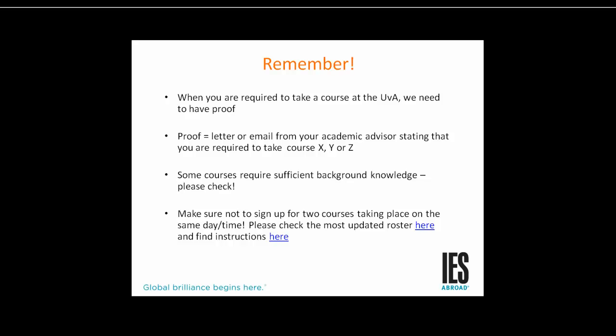Please make sure that you fulfill these requirements. And also have a close look at the meeting schedule for each course, that they don't take place on the same day and time. I've included the link to the most updated roster, and there are also some instructions on how to work with that roster.